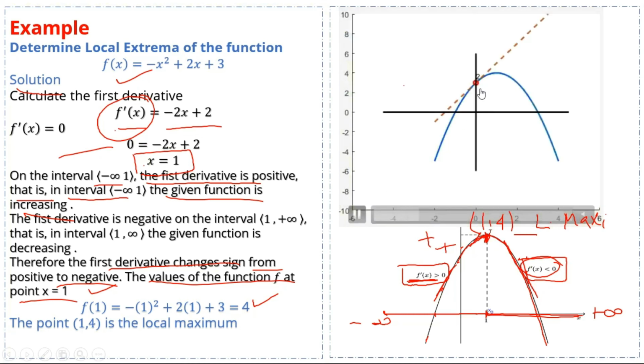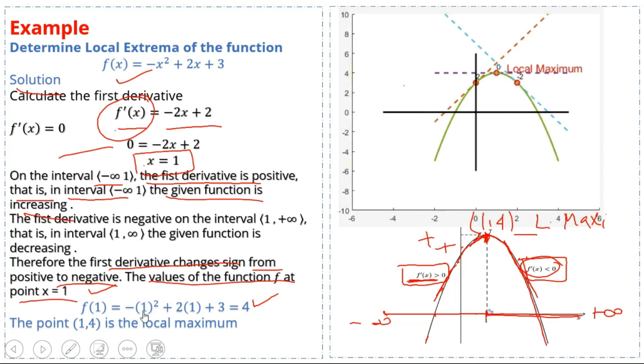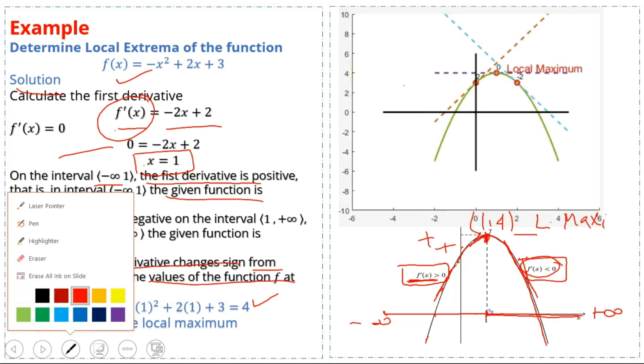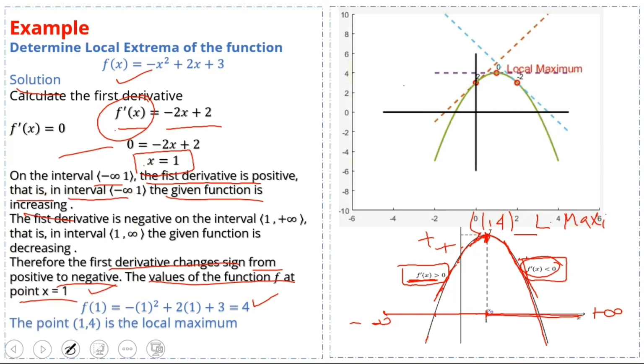This is the graph of the function, and here the derivative of the function is positive from minus infinity to 1, and at this point x is equal to 1, the derivative f prime of x is equal to 0.